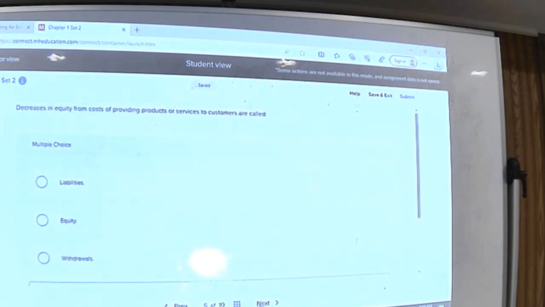Number 6. Here's another definition. Decreases in equity from the cost of providing products or services. Okay, remember that income, which is revenue minus expense, is a component of equity. And so what are we looking at here?